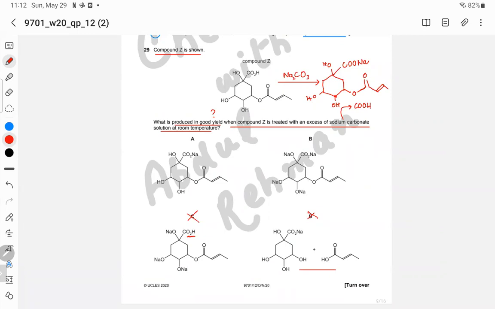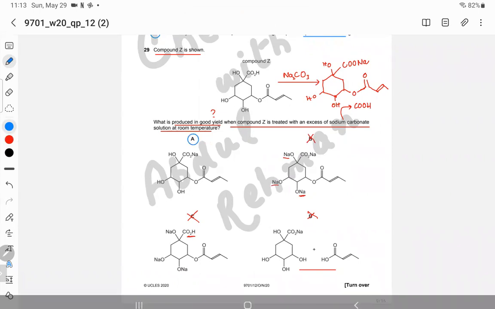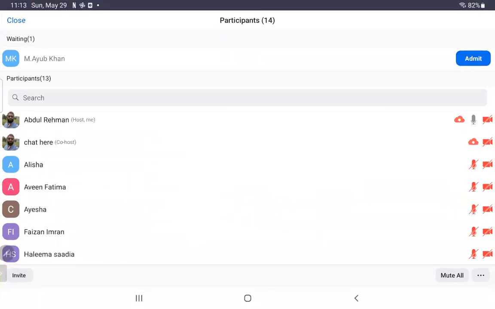Now we are left with A and B, and if we look at B, all the H of alcohol are also displaced, which means it is wrong because alcohol does not react with the sodium carbonate. So we are left with only one option, and that is A. So A is our correct answer. Is it understandable to everyone?